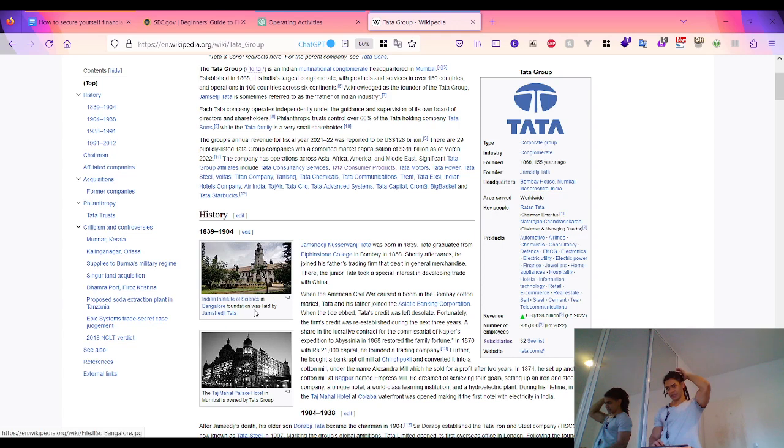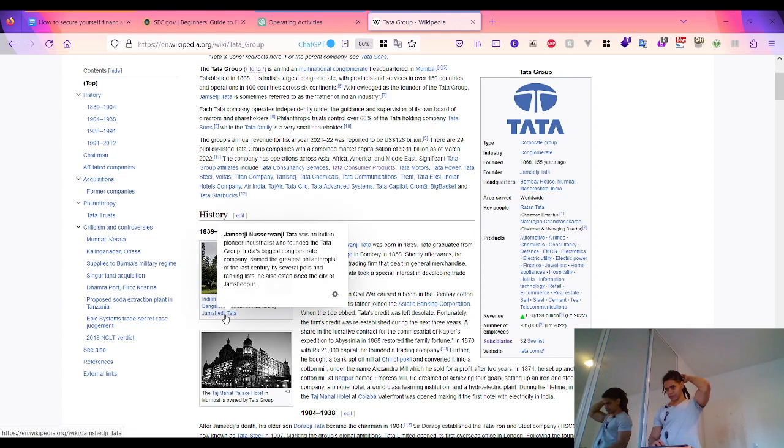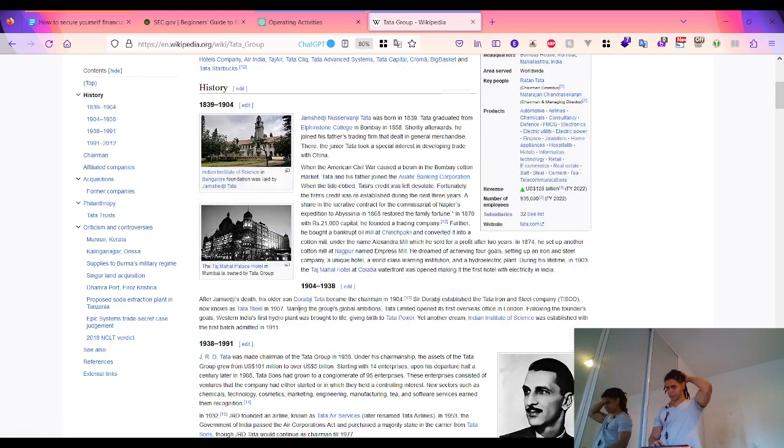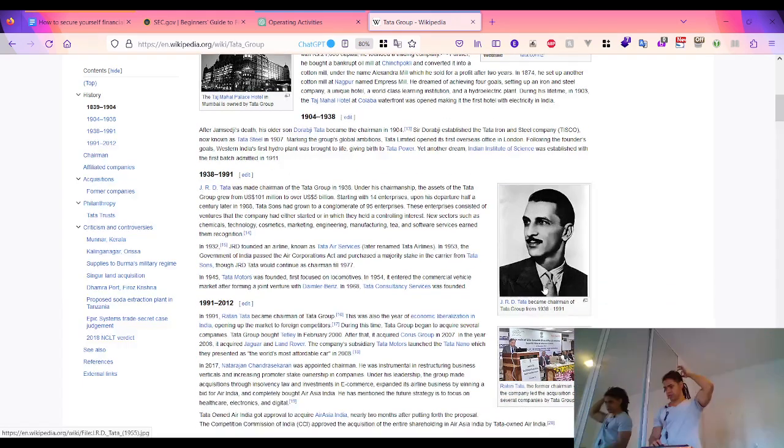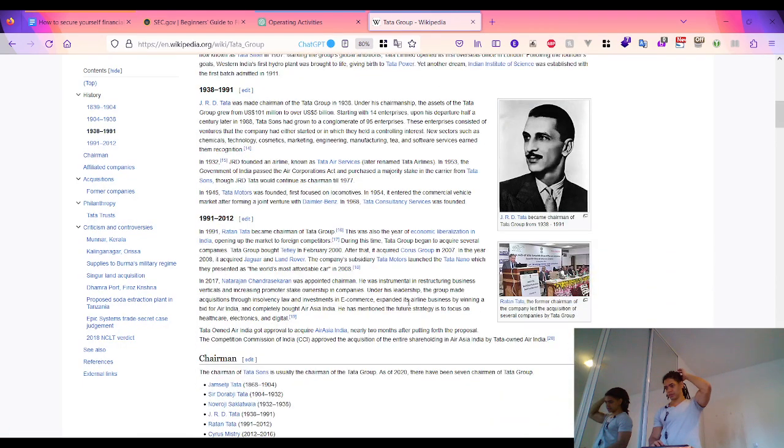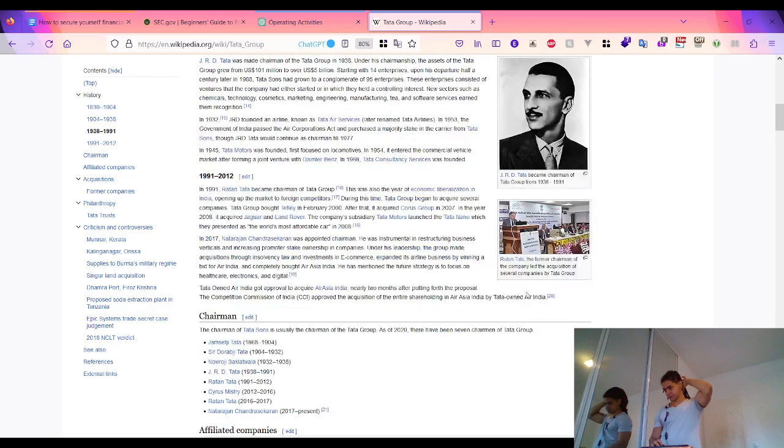Indian Institute of Science in Bangalore. Foundation was laid by Jamsetji Tata. JRD Tata became chairman of Tata Group from 1938 to 1991. Ratan Tata, the former chairman of the company, led the acquisition of several companies by Tata Group.